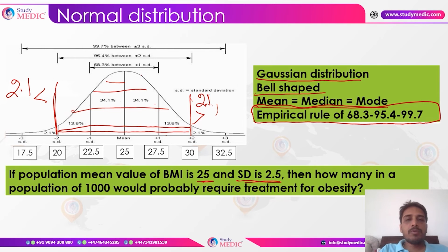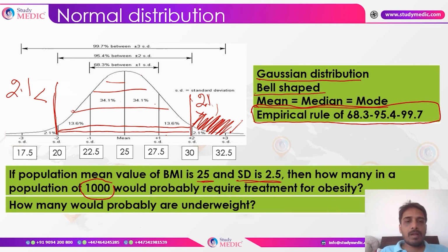We would like to know how much is more than 30, that is more than mean plus 2 SD, which is around 2.1 to 2.5%. That means 2.1% of 1000 is around 21 to 25 people who are actually having BMI more than 30, and they would require the treatment.